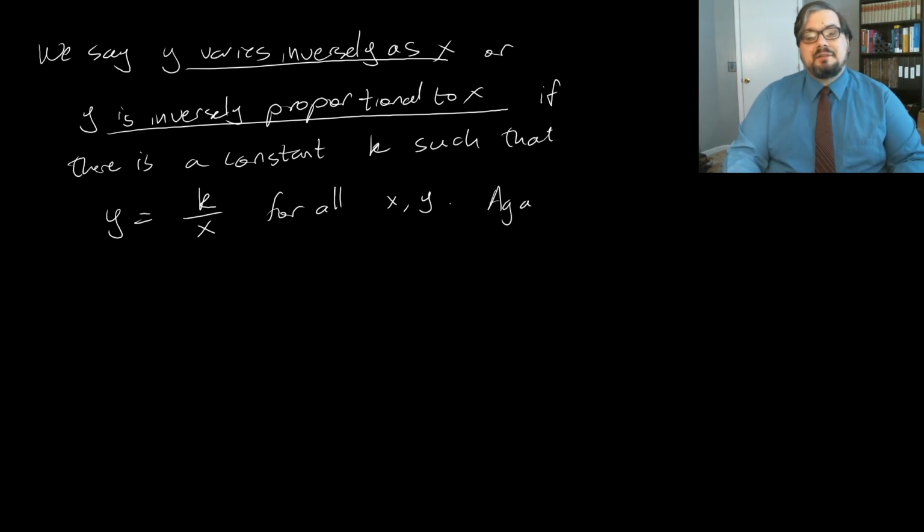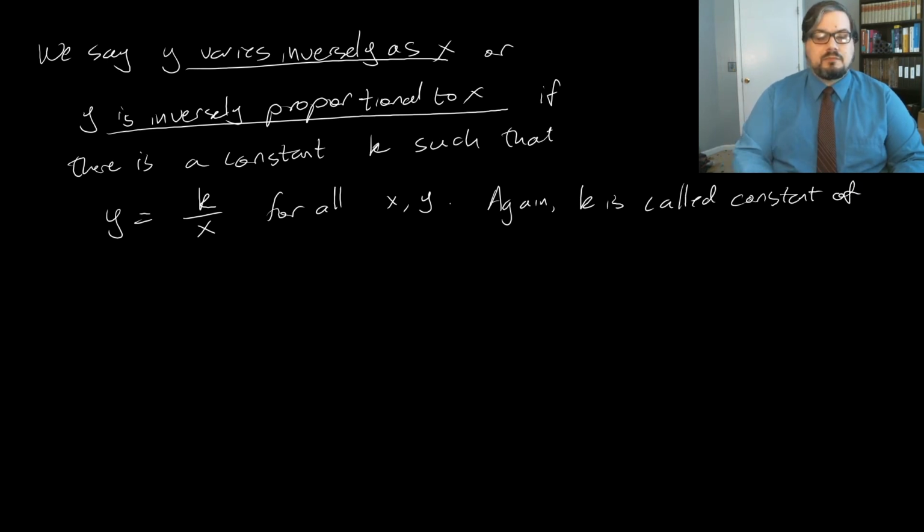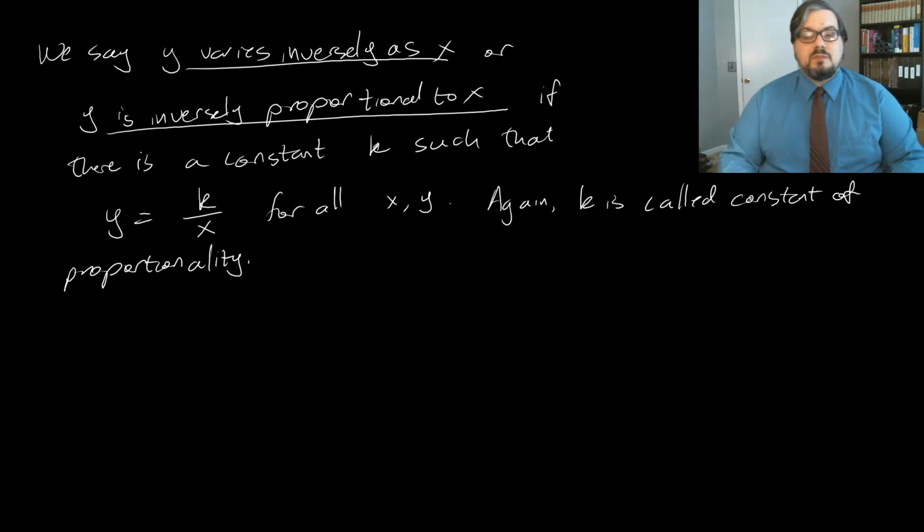Again, k is called the constant of proportionality. So we have the same name for the constant of proportionality, and whether that k takes the role of multiplying by x or dividing by x depends on whether we have an inverse relationship from y to x or a direct relationship from y to x.